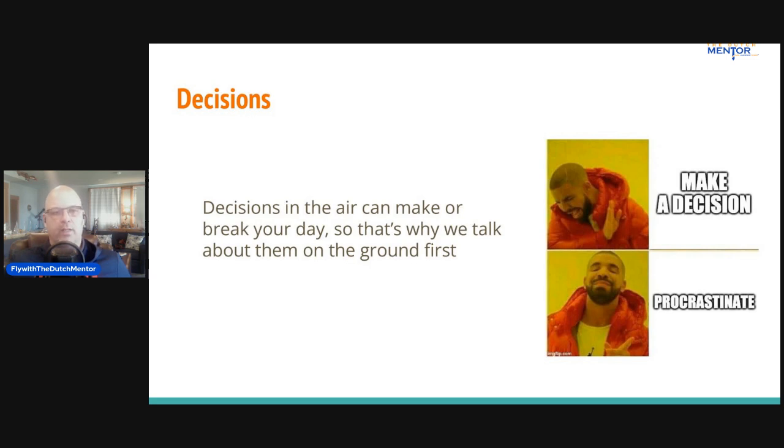You as pilot in command at the end of the day are truly responsible for the outcome of a safe flight, right? Decisions in the air can make or break your day. So that's why we talk about them on the ground first, where safety starts.